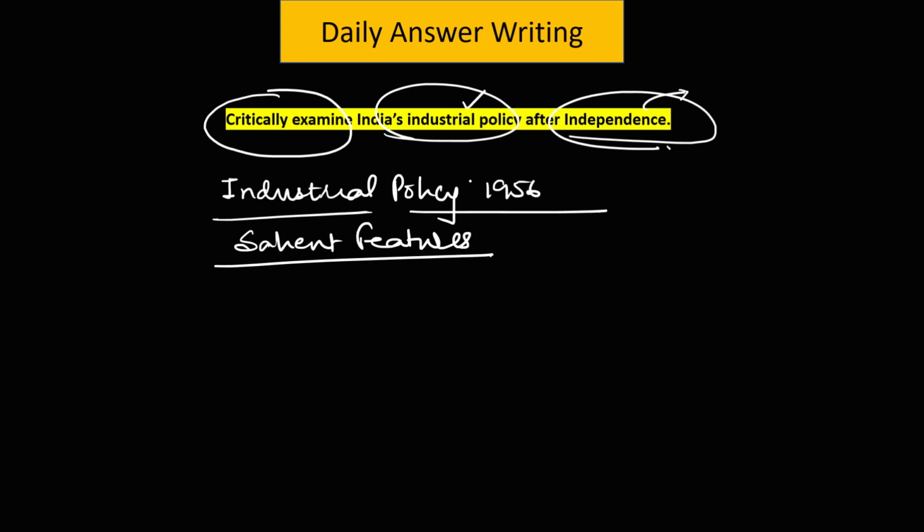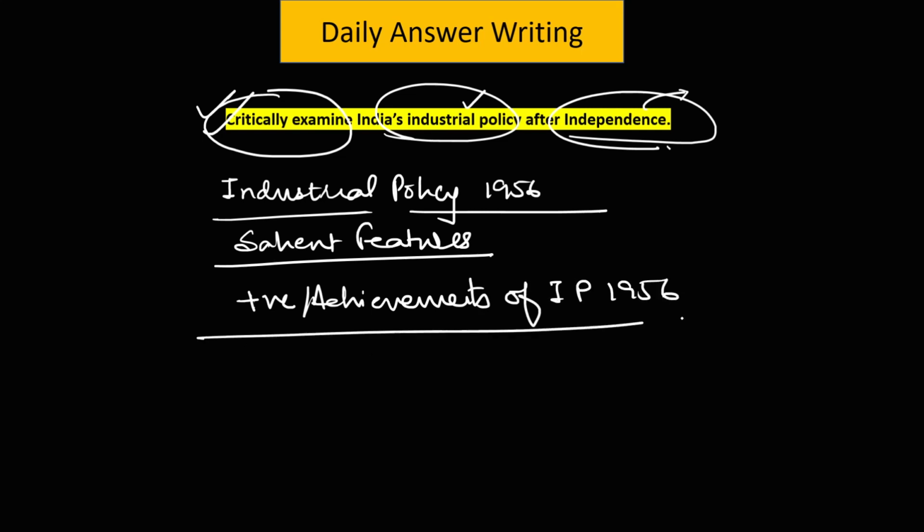Since it says critically examine, you have to focus on both the positive and the negative sides of the industrial policy. So the second part will be the positives or achievements of the industrial policy 1956, and the next will be the negatives or failures of the industrial policy 1956.